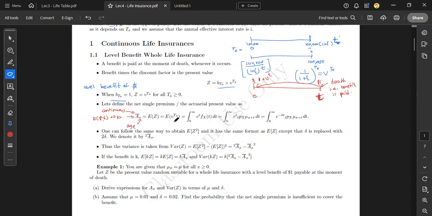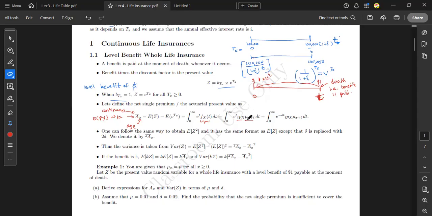So this is the expectation of a function of a random variable. The function is v to the power t. So it is a function with respect to t. And we know how to calculate the density function if we know the survival probability and the force of mortality.